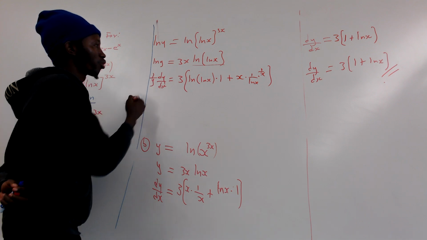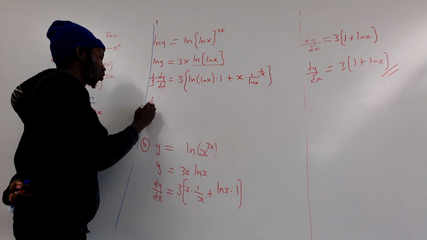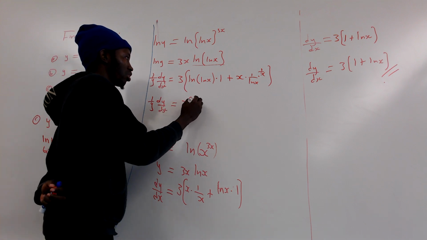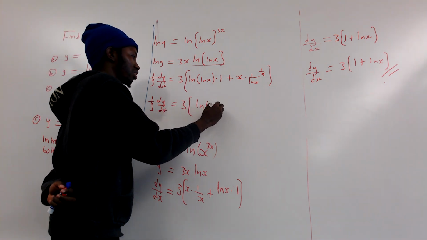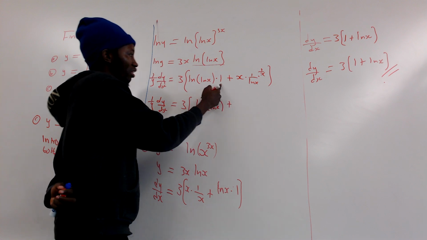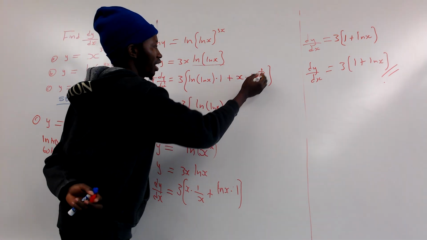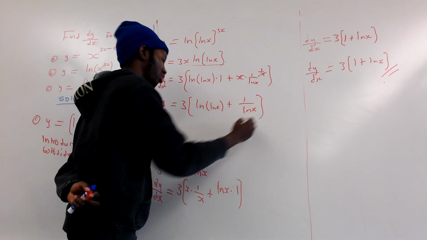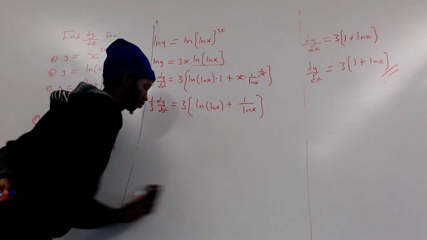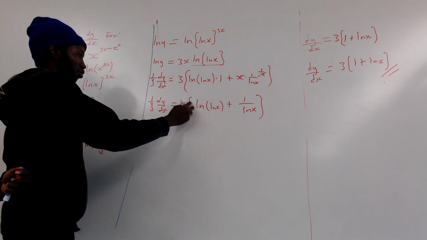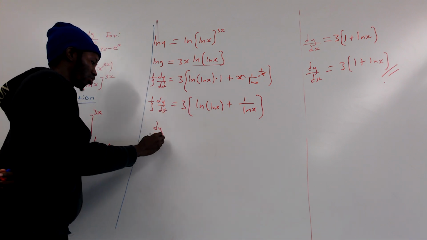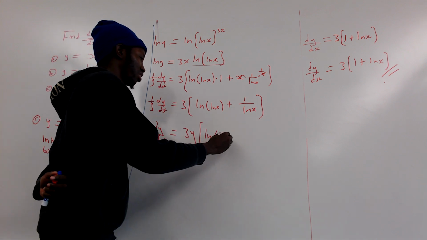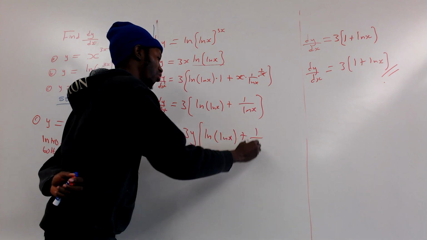So we can rewrite this as 1 upon y dy/dx equals 3 into ln of ln x plus, because x will cancel x, it is just going to be 1 all over ln x. So for the final answer, we multiply by y, and dy/dx is going to be 3y into ln of ln x plus 1 all over ln x.